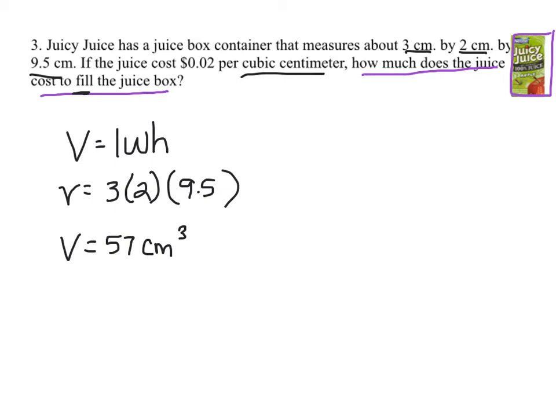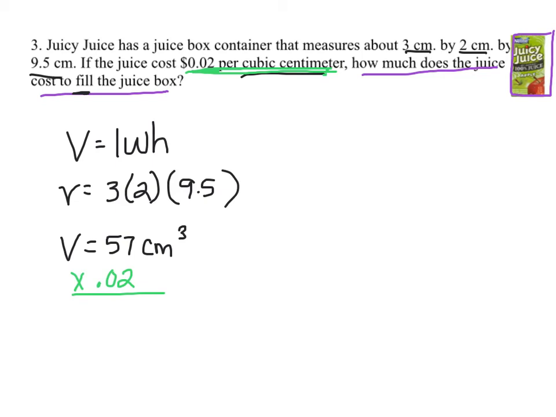Now, I know that the juice costs 2 cents per cubic centimeter. So this is the unit rate. This is how much it's costing for 1 cubic centimeter. I don't just have 1 cubic centimeter, I have 57. So in this problem, we're actually going to multiply to get the cost.